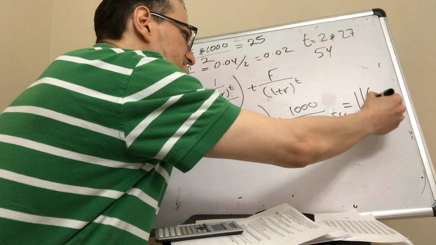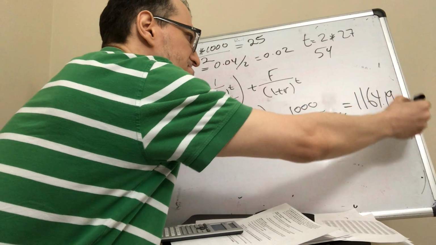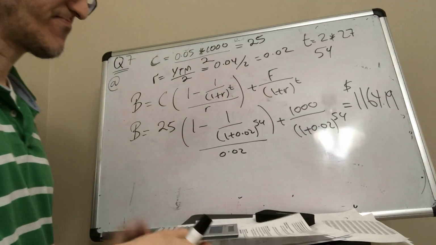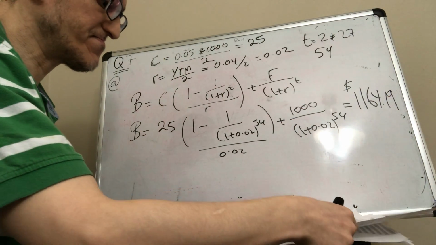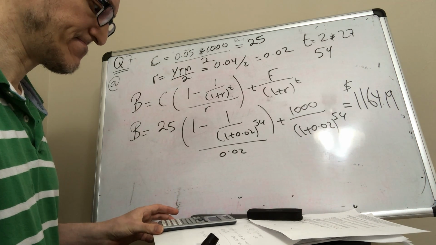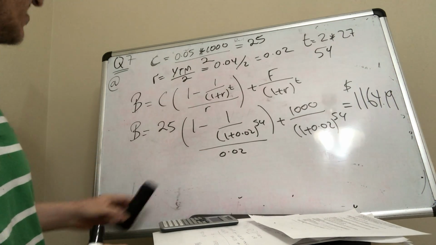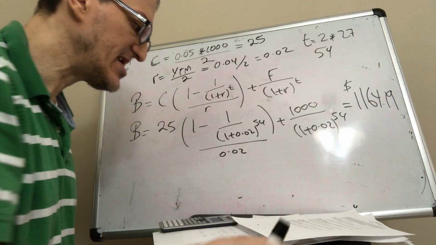It's 1,164.19. Good? That's the answer for B.